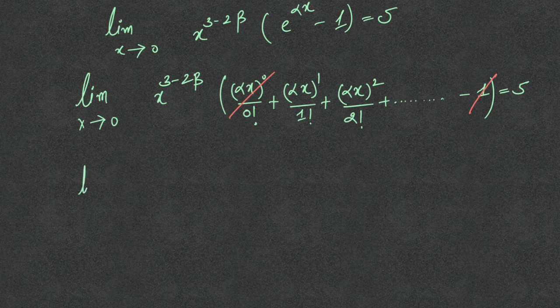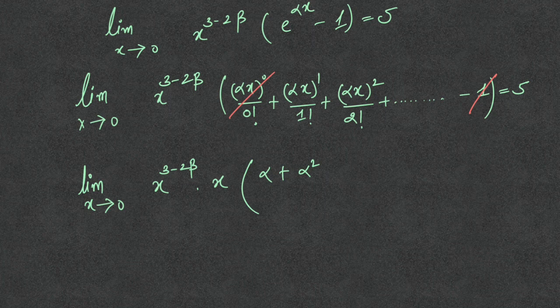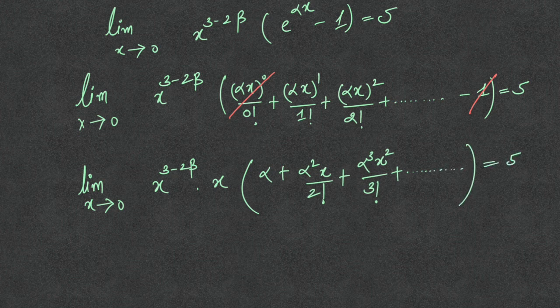So we get limit x tends to 0, x to the power 3 minus 2 beta into x into (alpha plus alpha square x upon 2 factorial plus alpha cube into x square upon 3 factorial plus, and it goes on), equal to 5.